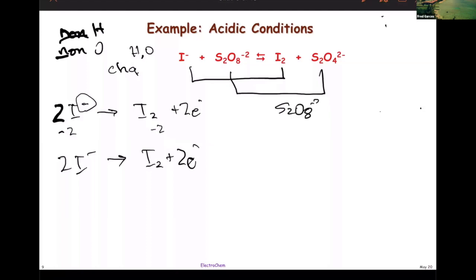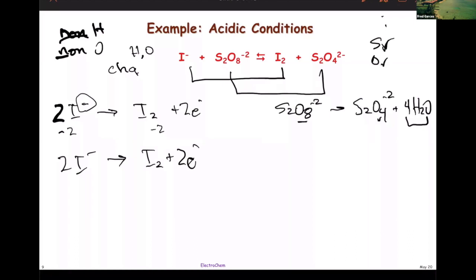S2O8^2- goes to S2O4^2-. So the sulfurs are balanced, but the 8 oxygens here means I need 4 H2O on this side. Why 4? Because the 4 oxygens and the 4 oxygens here gives me 8. So now my sulfurs are balanced, my oxygens are balanced.